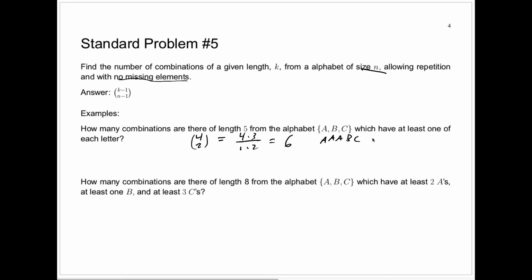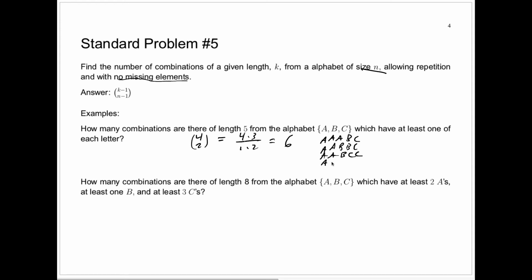It's really good to think about this as just a bag of pool balls or any sort of ball where there are 3 types of ball or 3 types of labels on the balls, A, B, and C. Think of this particular combination as a bag with 3 A's, a B, and a C. You might have 2 A's, 2 B's and a C, or 2 A's, 1 B and 2 C's.